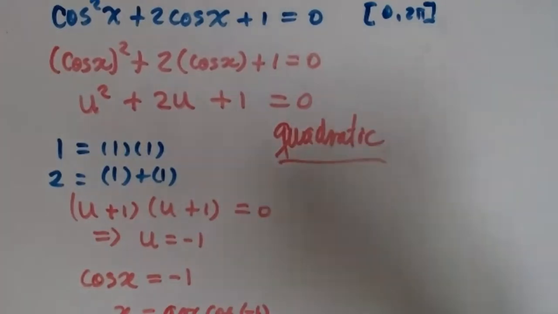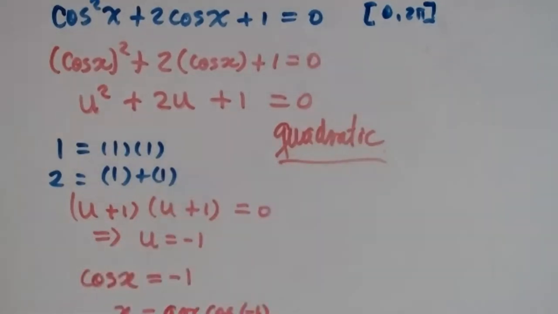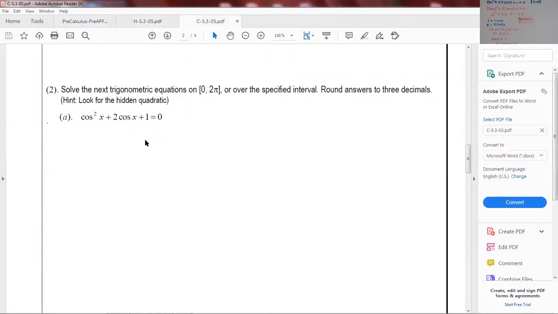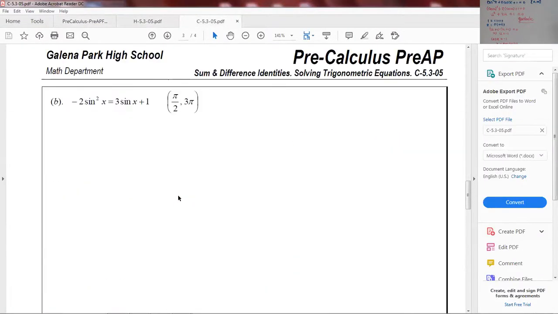Okay. Let me go to the next page, page 3, right here. And we see this one: negative 2 sine squared equals 3 sine x plus 1. It's pretty much the same strategy.